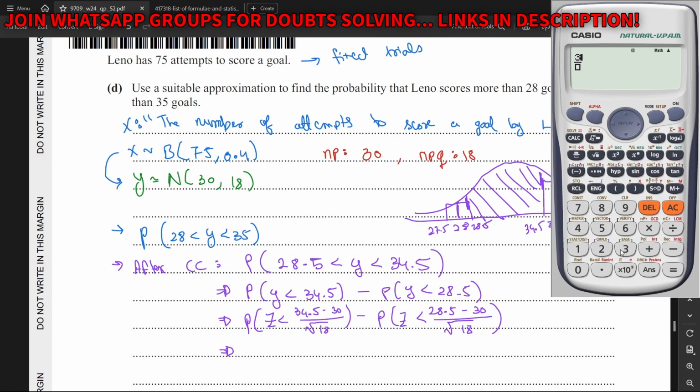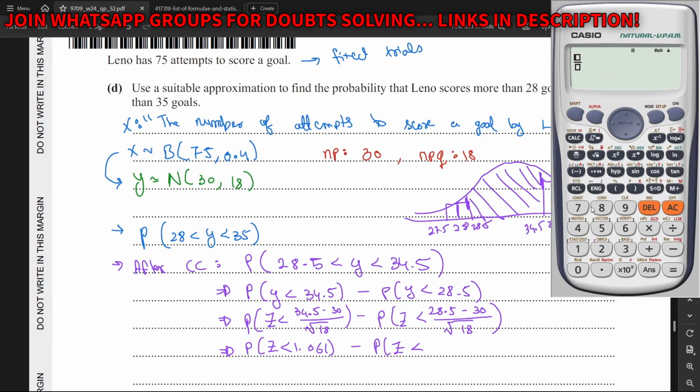So 34.5 minus 30 over square root of 18, that comes out to be 1.061. And similarly, the other value of Z that I'll be getting will be negative.